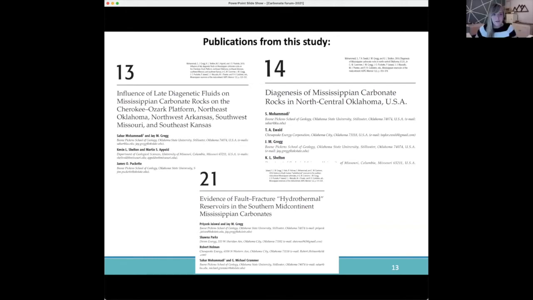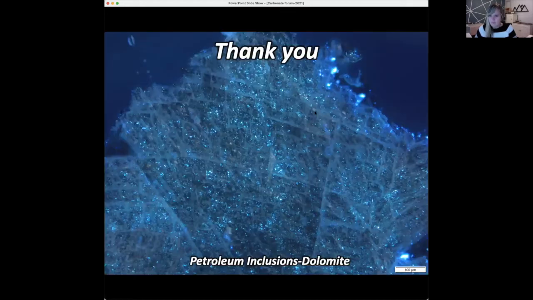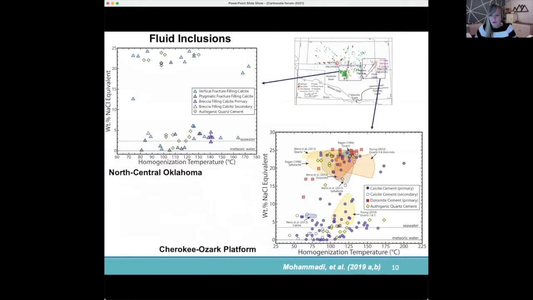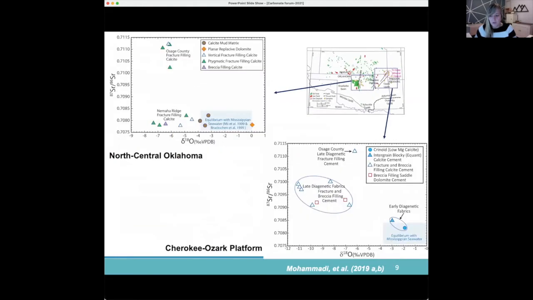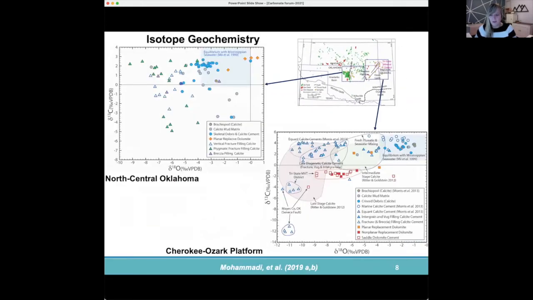Great, thank you, Sahar and Jack. We have a question coming in from the chat from Cole McCormick. Hi, Sahar. On slide 8, you showed your stable isotope for replacement dolomite and saddle dolomite. Do you see any differentiation between these phases on a sample by sample basis, or potentially if you were to zoom in and show a narrower region on your x-axis?